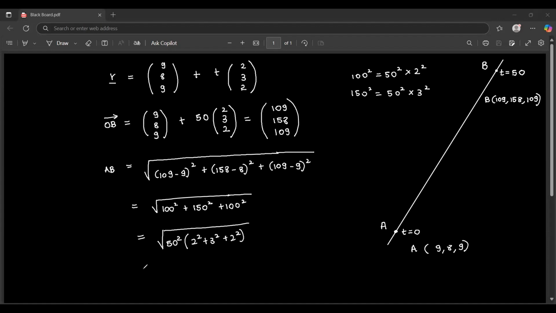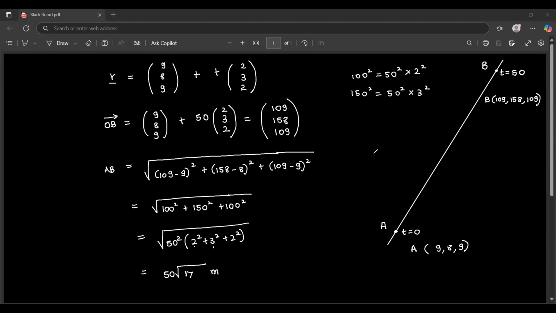The final answer will be 50 square root of 4 plus 9 plus 4, which is 50 root 17. I can say meters, because it's normally given in standard units. If they change the unit, they will let you know in the question. It can be kilometers per hour, then you will give it in kilometers. But normally it's in meters and seconds because they are the standard units.